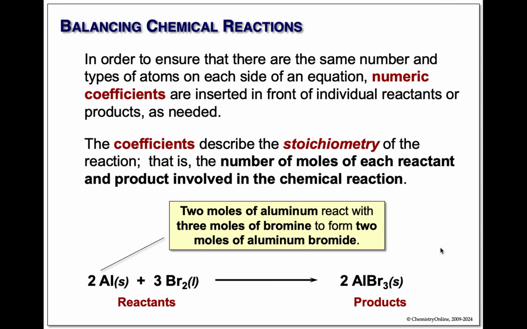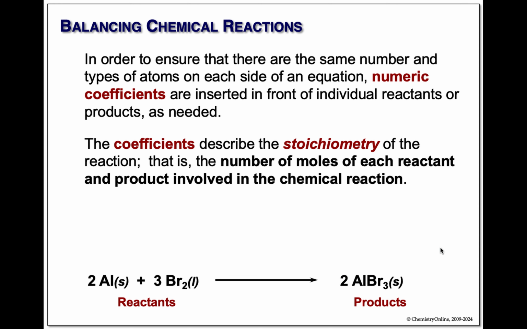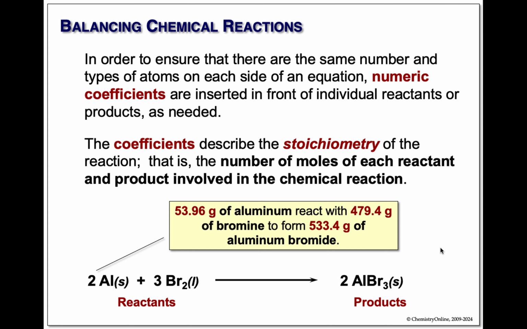We can express these coefficients in terms of moles. We can also express them in terms of mass. This is 2 moles of aluminum. This is 3 moles of bromine, and we get 2 moles of our product.